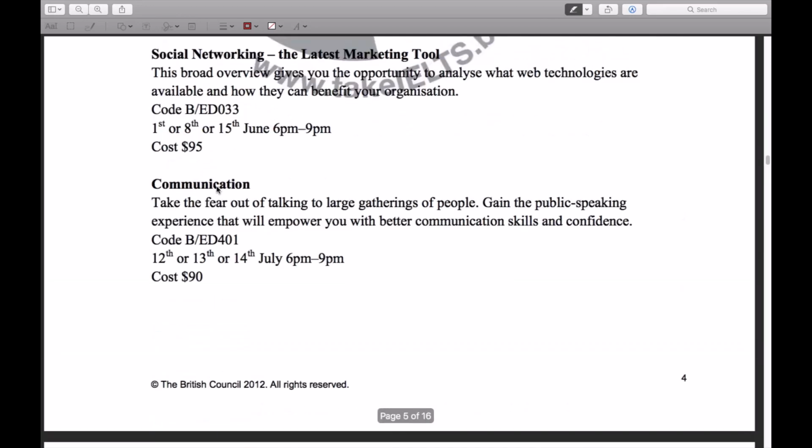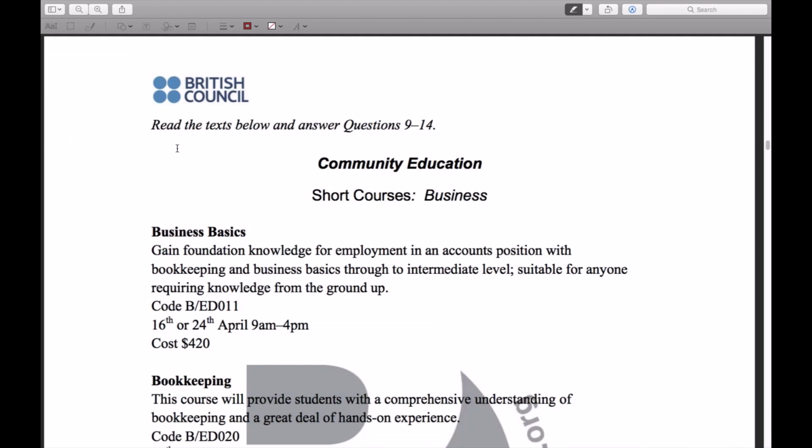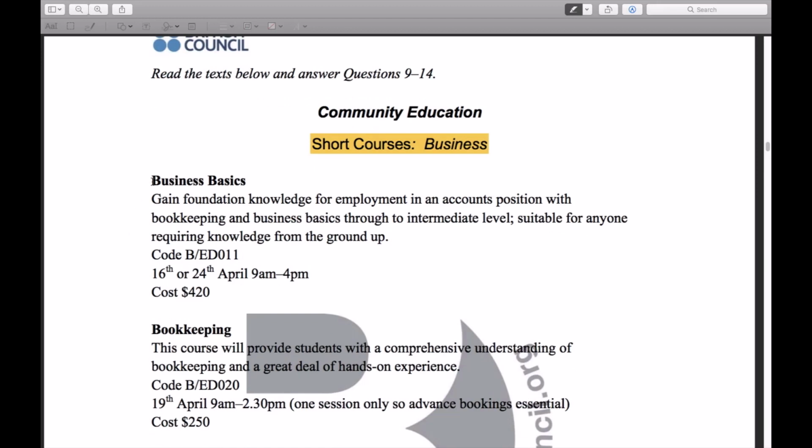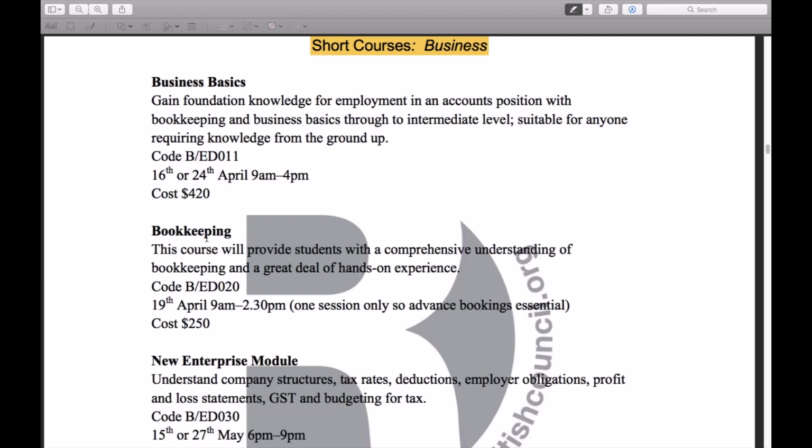Let's see the passage and we can get an idea now. Title and first sentence: Community education, short courses, business. Okay, so these are talking about a few different short courses on business. Business basics is one of the courses. Gain foundation knowledge for employment in an accounts position with bookkeeping and business basics. All right, bookkeeping is another course.